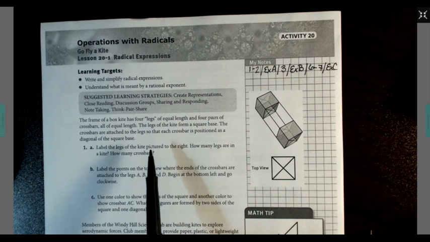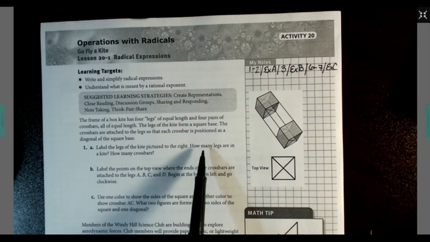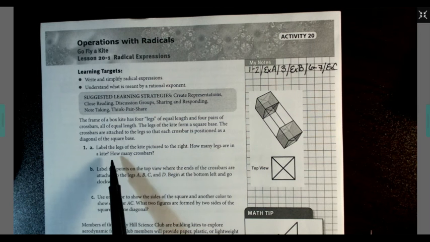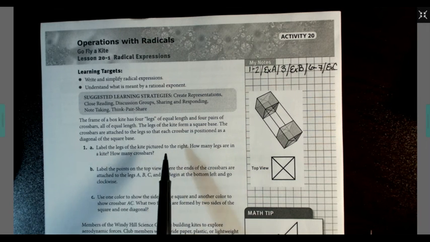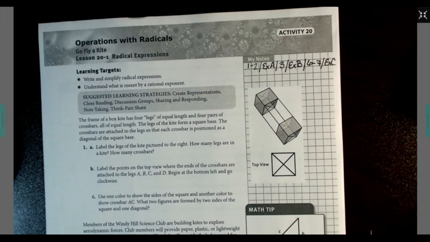The crossbars are attached to the legs so that each crossbar is positioned as a diagonal of the square base. Label the legs of the kite pictured to the right. How many legs are in a kite? And how many crossbars? So let's label our legs.